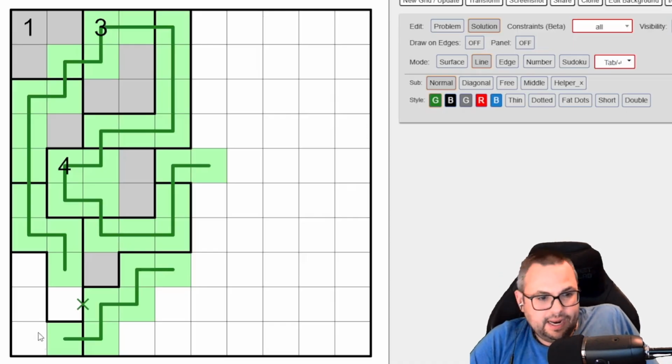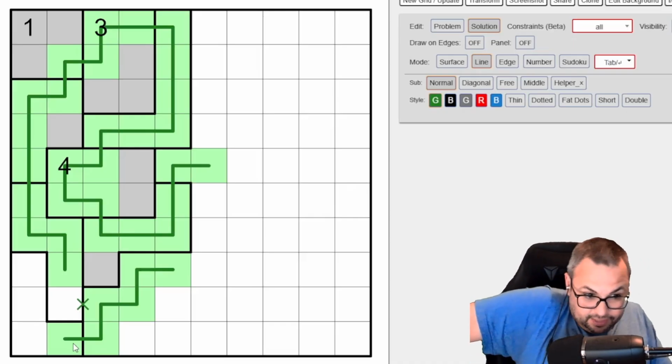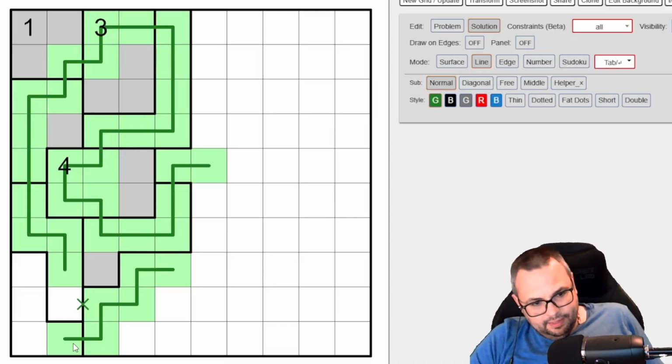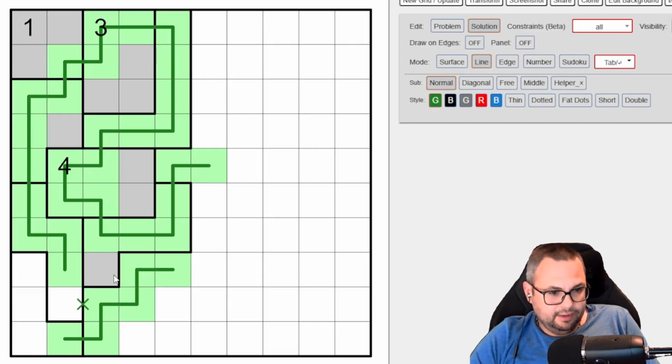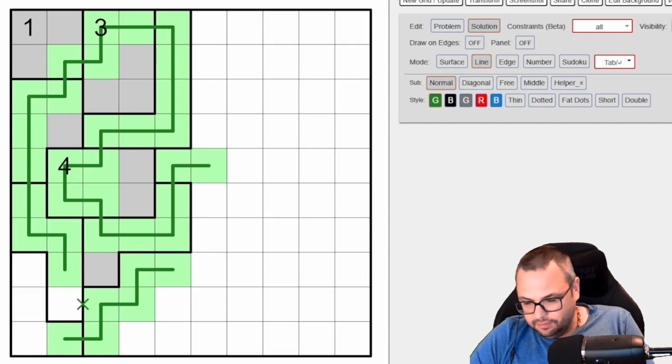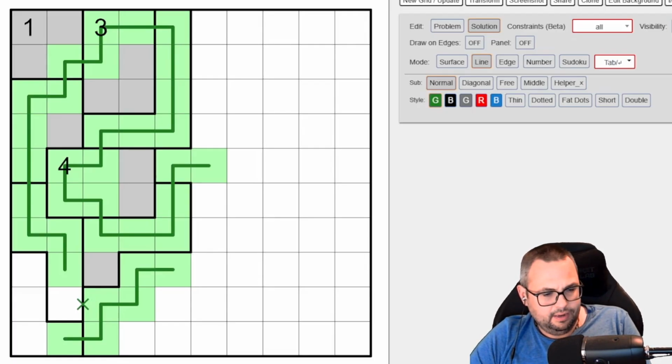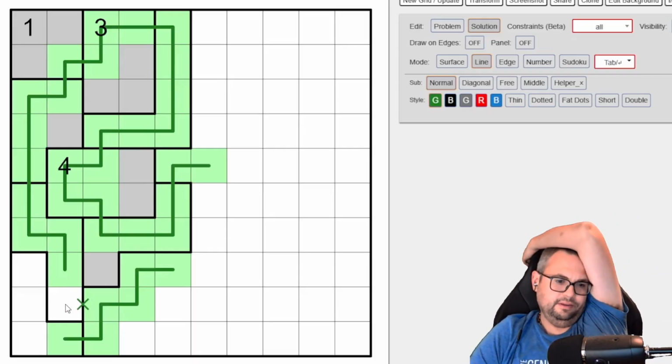And then we have to decide how exactly am I resolving how the L works. We don't know how the L works, is we don't know if we visit this cell or not.